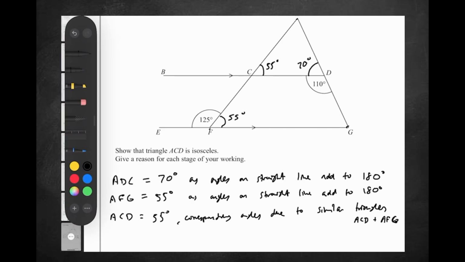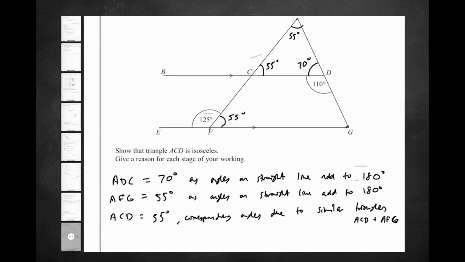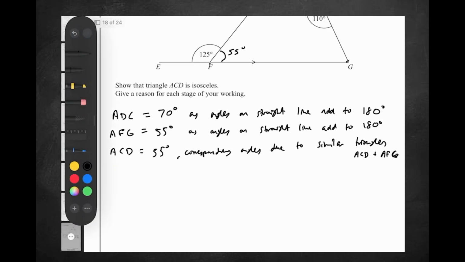Therefore, angle DAC here is going to be 55 degrees, since angles in a triangle add up to 180 degrees. So I'm just going to write that out for the examiner. DAC equals 180 minus 70 minus 55, which equals 55 degrees, as angles in a triangle add to 180 degrees.